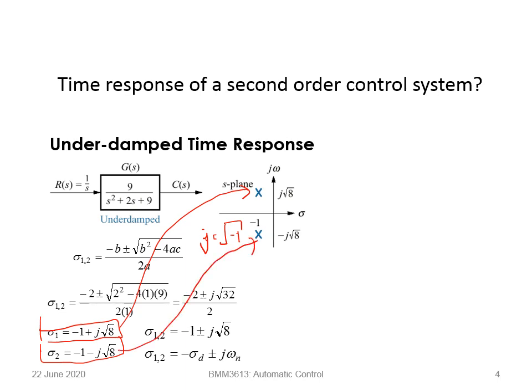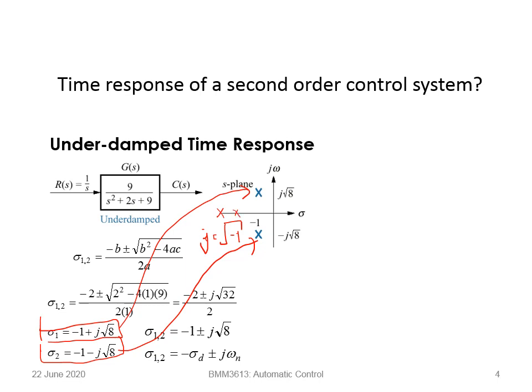So what is the difference with the position of the poles of the overdamped system that we've seen in the previous slide? In the overdamped system, the poles are both on the sigma axis, right?